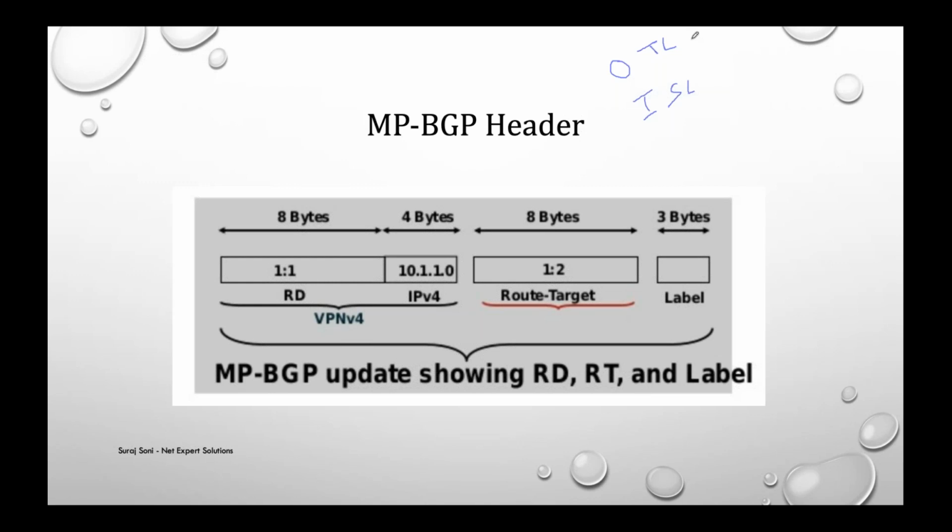The transport label, the outer label, is assigned by LDP in our case as of now. I will explain the different scenarios where it will be assigned by different protocols. And the inner label, which is the service label, is assigned by MPBGP in our case as of now.